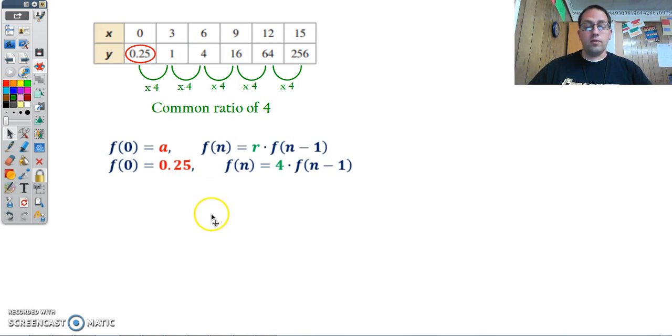Well, very simple. It's f of x equals a times b to the x. Well, a is still a, right? B, as we said, is our common ratio. And so all we do is we plug in a, 0.25, times b, which is 4, raised to the x. That's pretty simple.